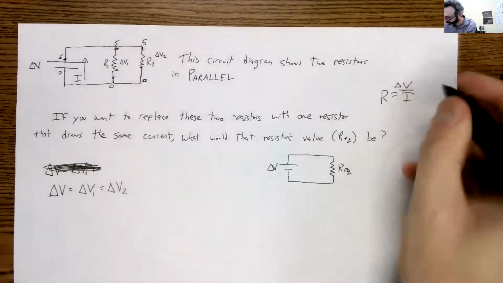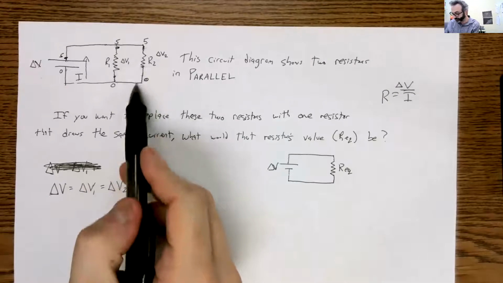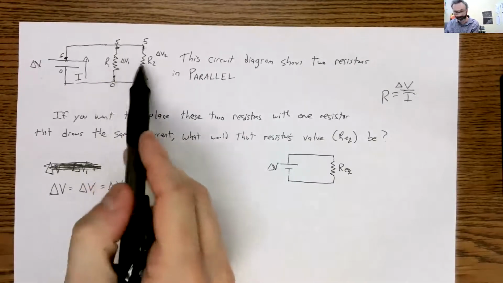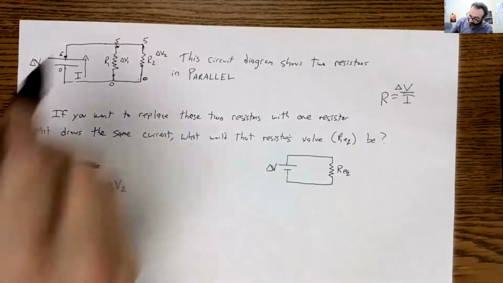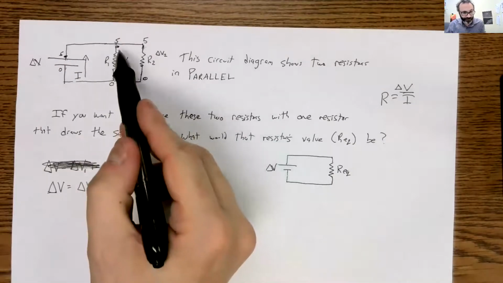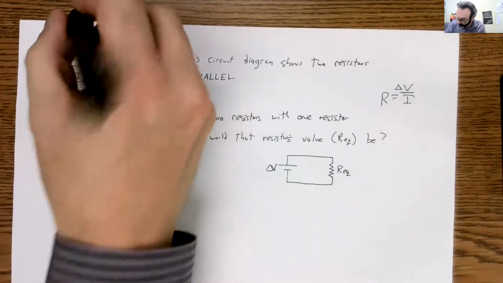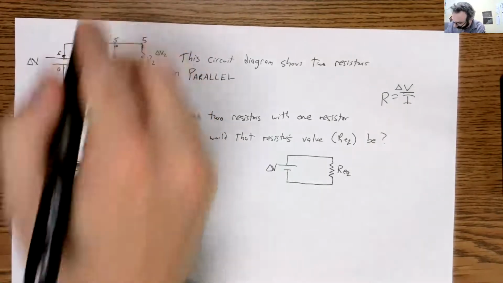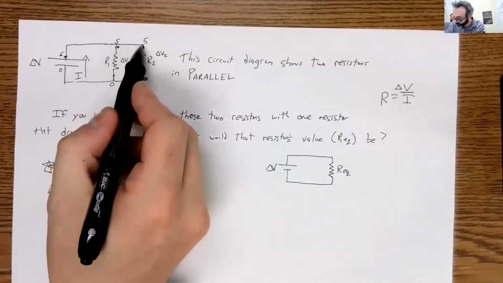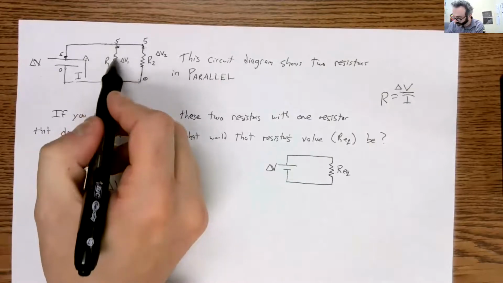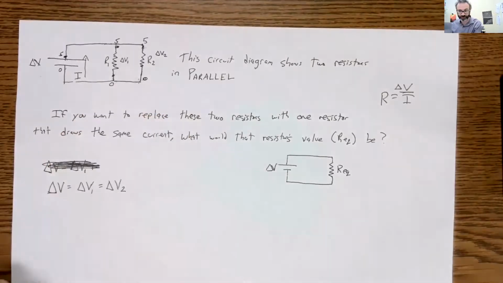If the delta V's are the same and the resistances are different, the I's are going to be different as well, right? And the reason that the currents can be different here is because there's a branch, right? This current here flows through here, but then it splits up, right? Some of the charge goes here into this branch. Some of the charge goes through here, through R1 into this branch.